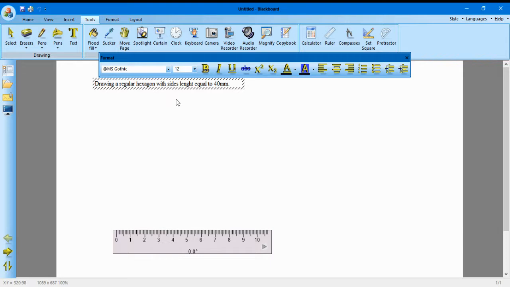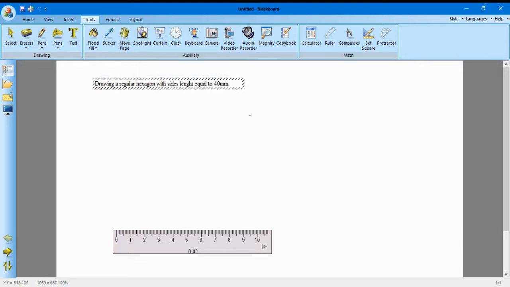That is our instructions that we're going to follow. All right, that will be our instructions. So this hexagon will have a side length equal to 40 millimeters.